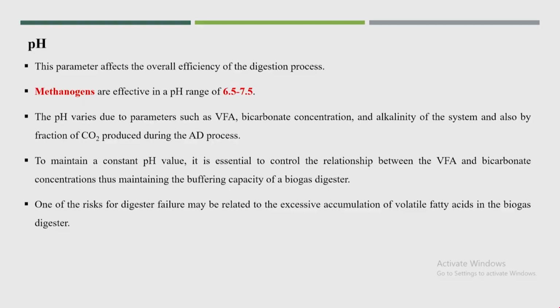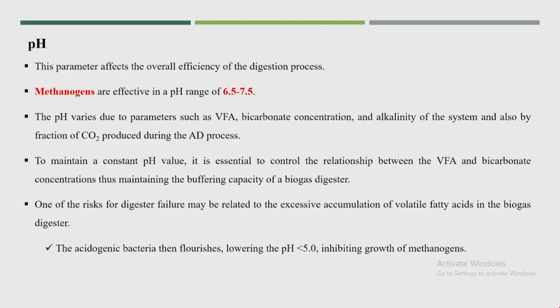One of the risks of digester failure may be related to excessive accumulation of volatile fatty acids in the biogas digester. So, this is what I was telling about. If there is an excessive amount of VFA production, the pH will drop drastically. So, that could be one of the risks of failure of a biogas reactor.